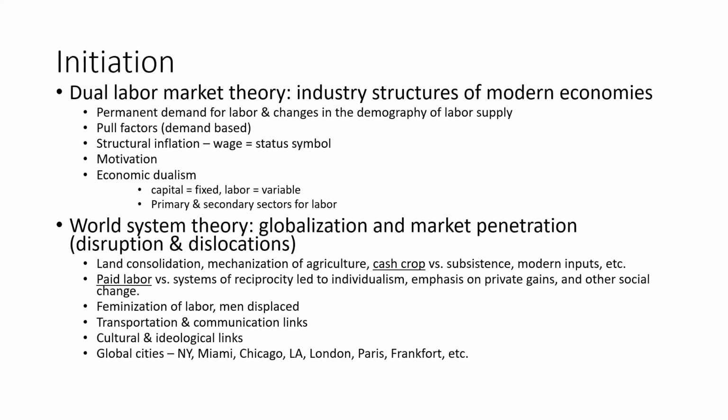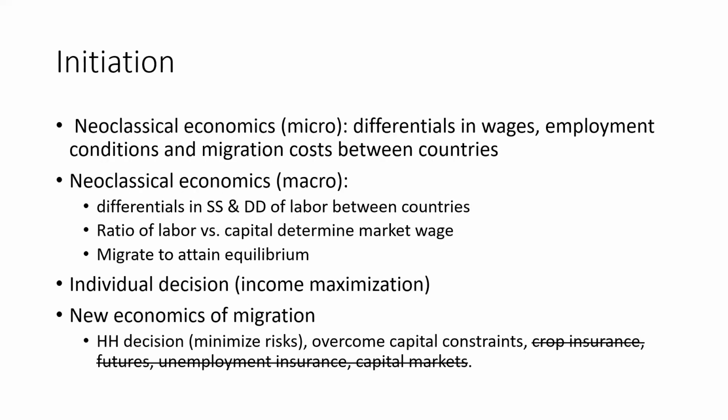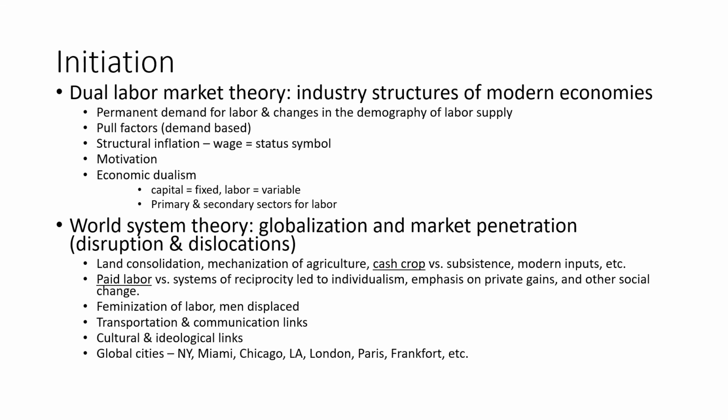Okay, let's look at another theory that attempts to explain the initiation of migration. So, unlike the previous two theories we just looked at, the neoclassical economics theory and the new economics theory of migration, which focus on problems in the countries of origin, more on the supply side, the dual labor market theory focuses on the destination areas.